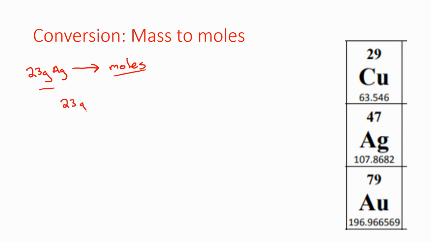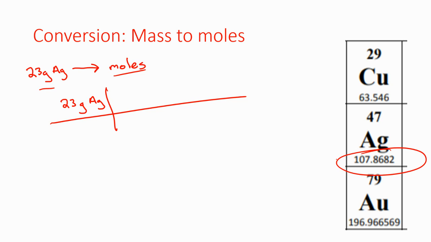23 grams of silver. I know from the periodic table that there are 107.86, let's call it 107.87 grams of silver in 1 mole of silver. I use the molar mass to complete this particular conversion.